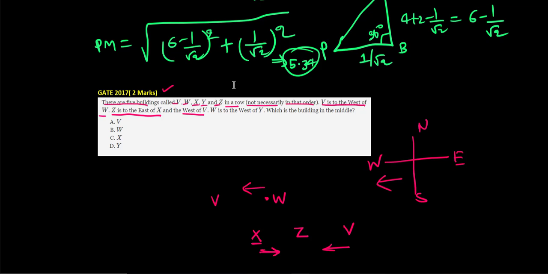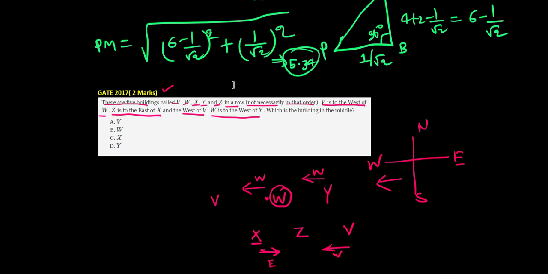But Z is west of B, so west of B means B would be here. Now W is west of Y, so this W is west of Y, that means from Y it is in the direction of west. This is again direction of west. This is direction of east.